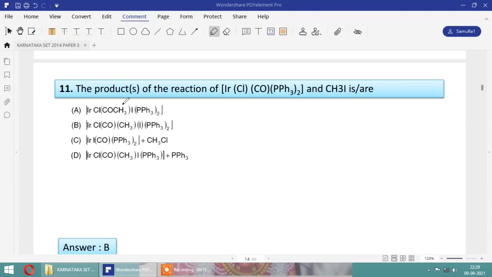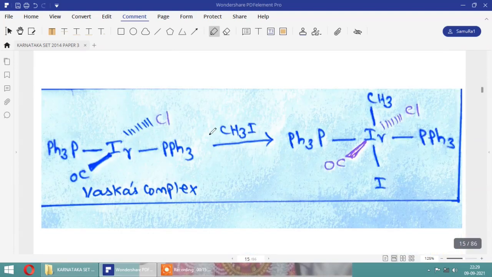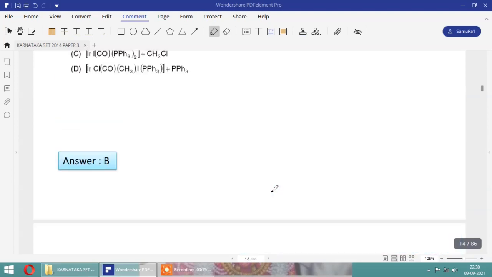Next question. The product of the reaction: you see this is Vaska's complex. When Vaska's complex reacts with methyl iodide, what will happen? This was the question. Now we will see. This was Vaska's complex, an iridium complex. Now you add CH3I, methyl iodide, and you will get the product like this.